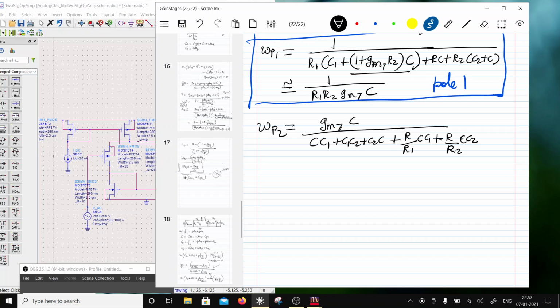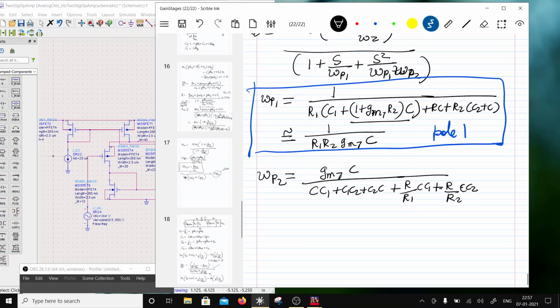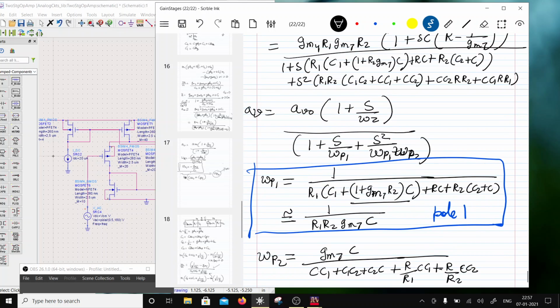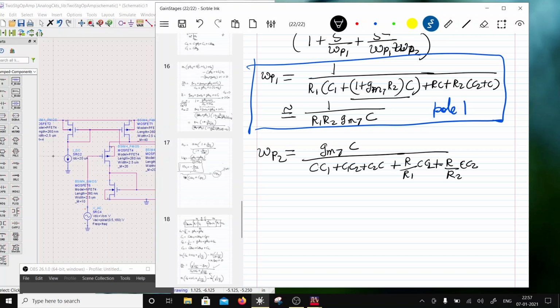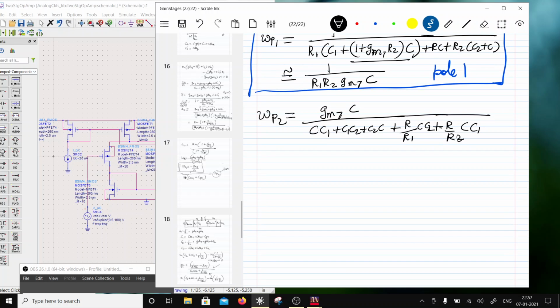Am I right? R1 R2, just one second, R1 R2 will cancel out, wrong. So this will be C2 and this will be C1. C1. Okay, so now this can be simplified.